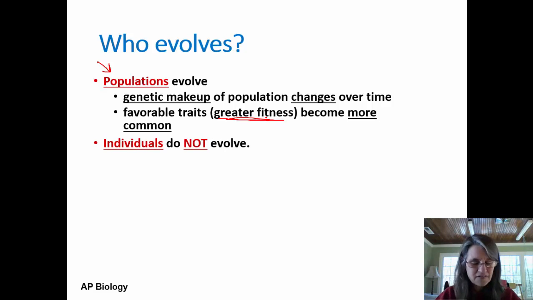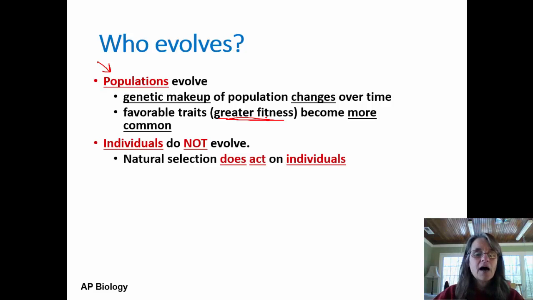What does not evolve are individual organisms. Let's say we have a brown rabbit born from a bunch of white rabbits. That does not mean we have evolved a new species, okay? However, natural selection does act on individuals.